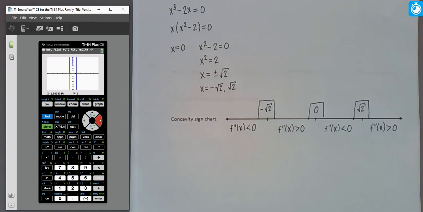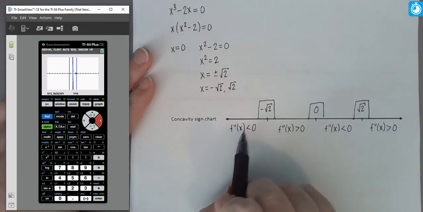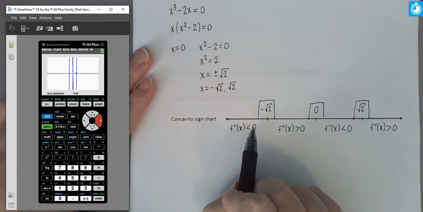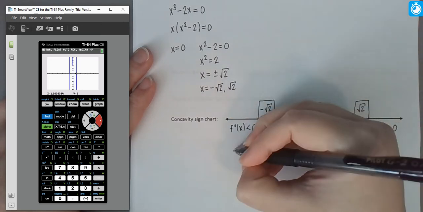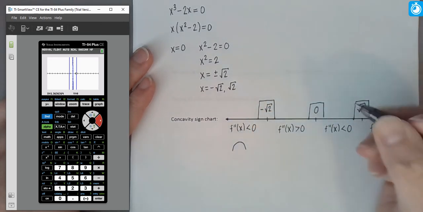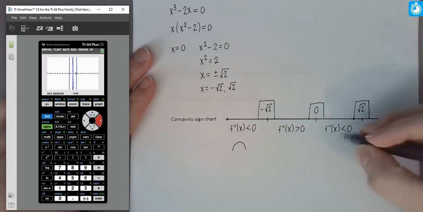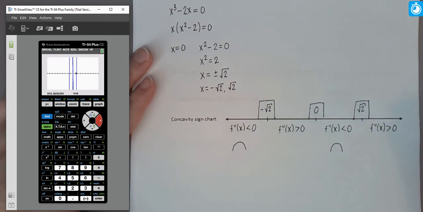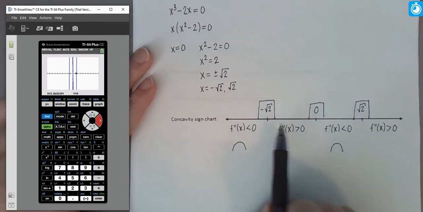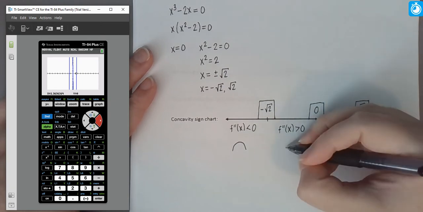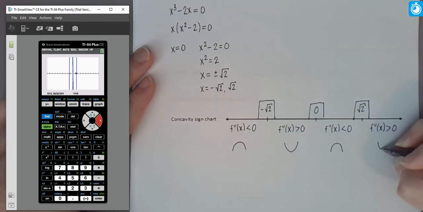That's where the curvature changes. So where our second derivative is negative, we're concave down. We have two intervals where our function will be concave down. And the two intervals where our second derivative is greater than 0, we are concave up.